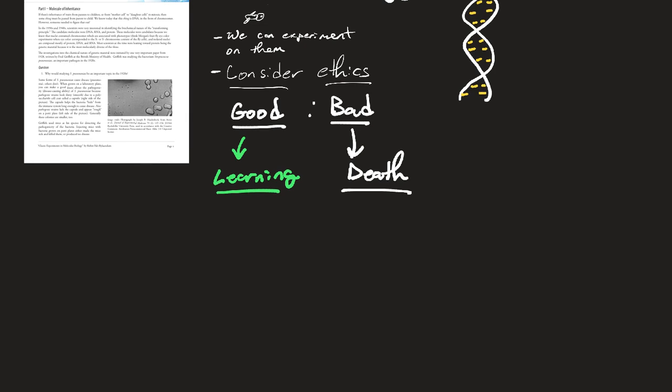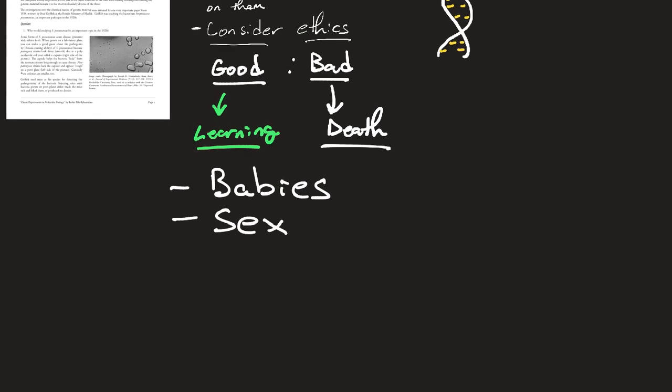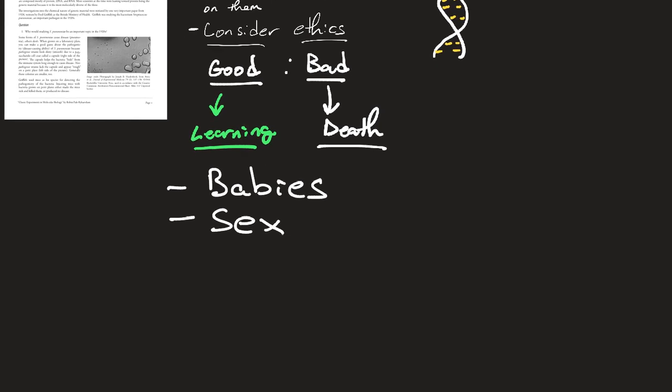This model organism, why did we pick fruit flies? Because they have babies. They have sex. Not all things that have babies have sex. There are things that reproduce without having sex. The asexual organisms, that's true. But these organisms have sex.